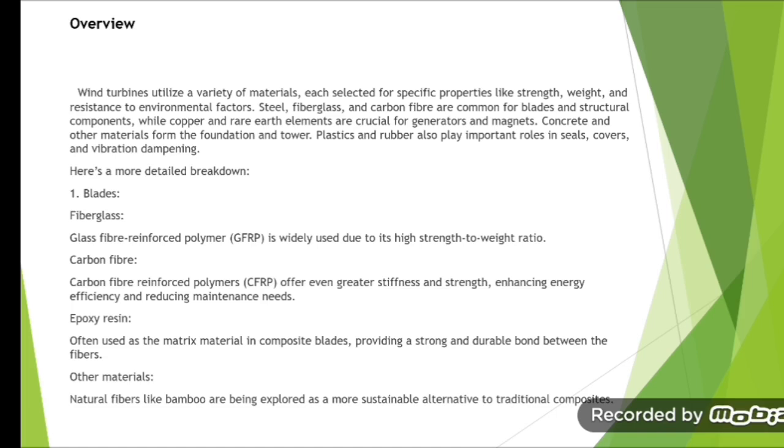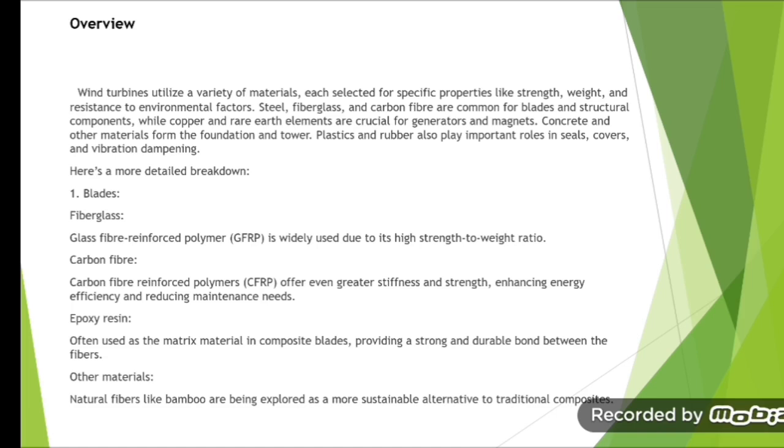The first one is fiberglass. Glass fiber reinforced polymer is widely used due to its high strength-to-weight ratio. The next one is carbon fiber. Carbon fiber reinforced polymers offer even greater stiffness and strength, enhancing energy efficiency and reducing maintenance needs.